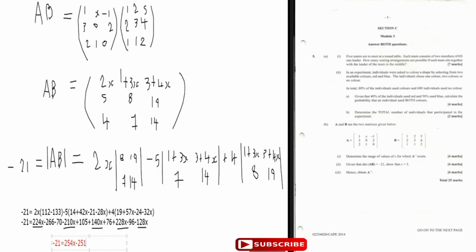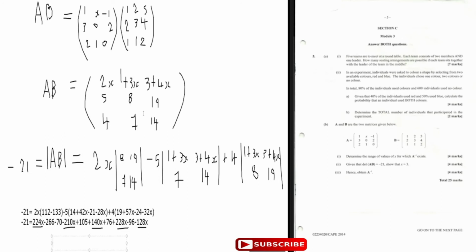That's not giving me, something went off. Let's check again. X should be 3. X should be 3. So we need to show that X is 3. Let's check what we did. Make sure we didn't make any mistake. 2X.